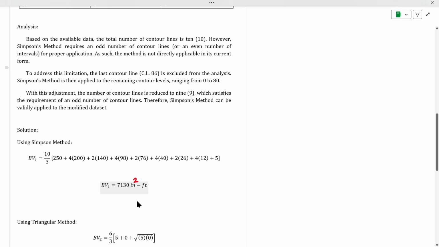In this case, the area is expressed in inches squared. So let's define the parameters. We have 10, the thickness. This 250 is A sub 0, the first area. And this A sub 5 is the A sub n, or A sub 8.